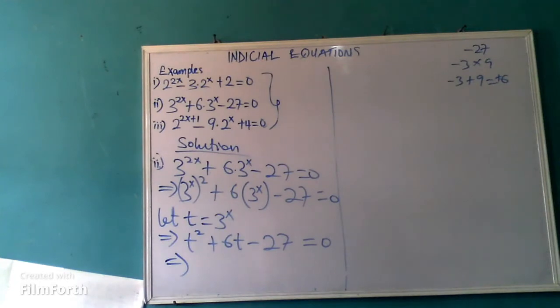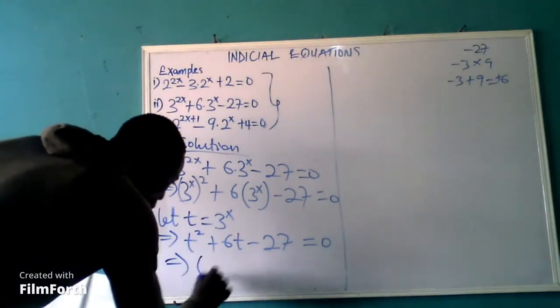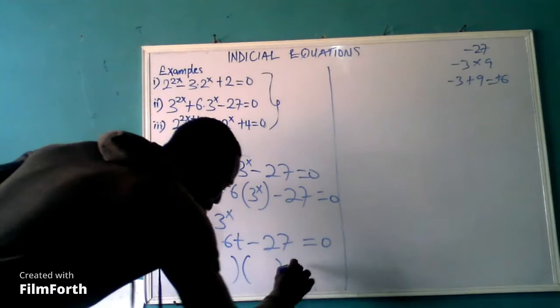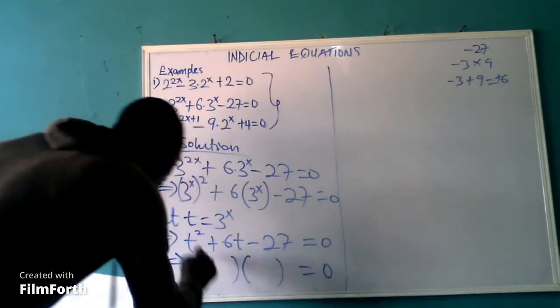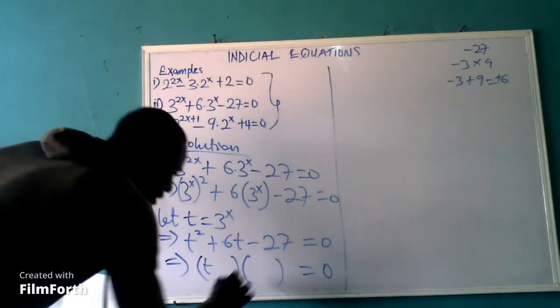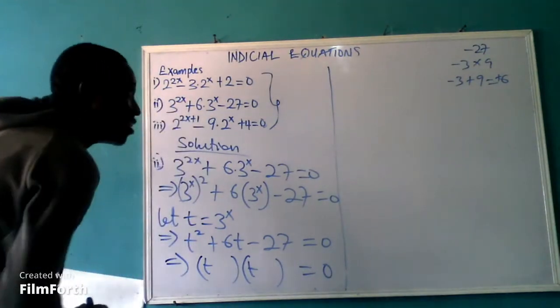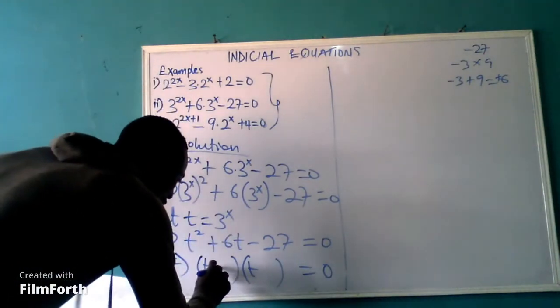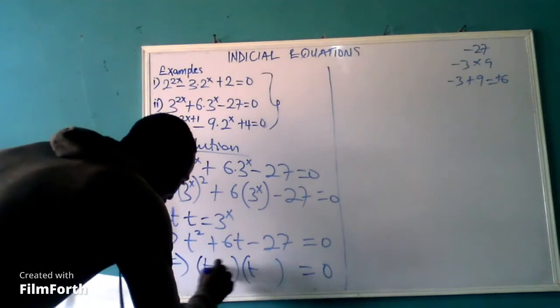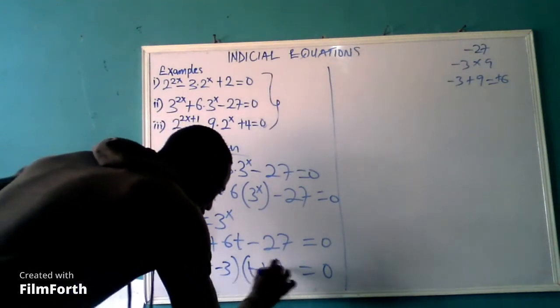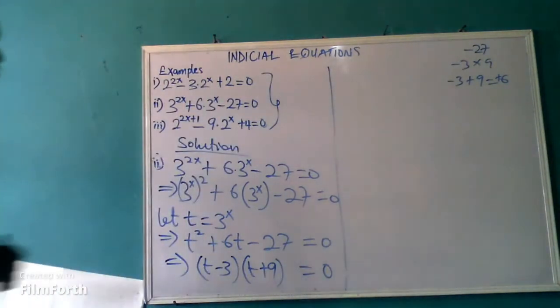So having done that, just go straight and put down your two brackets. Then share the variable t into the brackets, followed by the factors you have realized: minus 3 and positive 9.